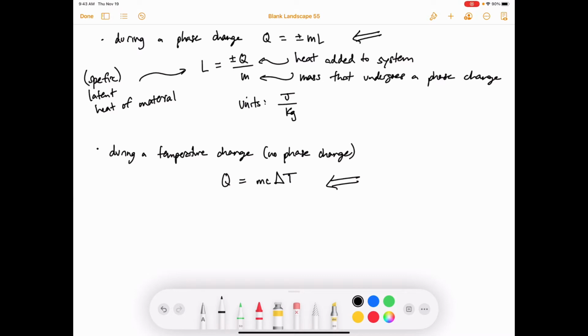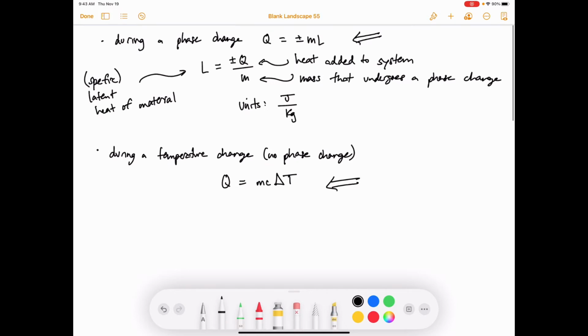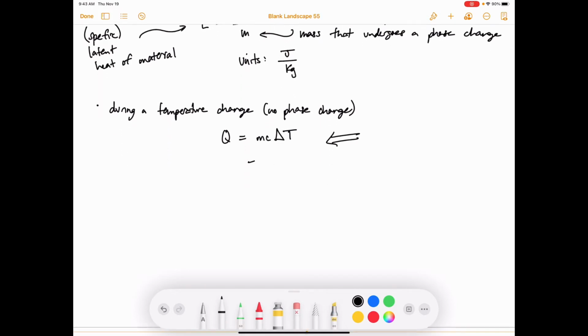going up or down. Now, why is there no plus or minus sign in the second equation? Well, basically, the positive or negative sign is accounted for by delta T, because delta T can be positive or negative.